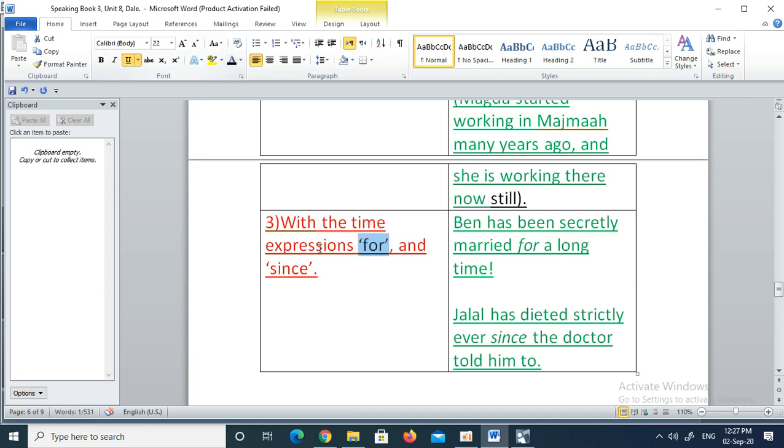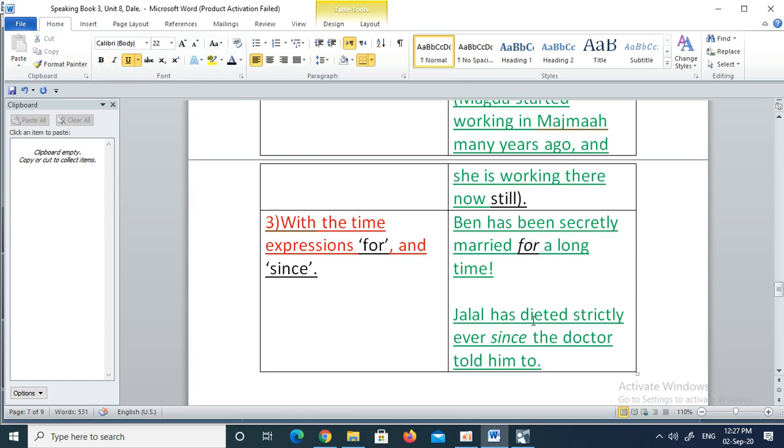With the time expressions for and since, we will also use the present perfect. Ben has been. Been is the past participle of the verb to be, and we're using has, so it is the present perfect. Ben has been secretly married for a long time.